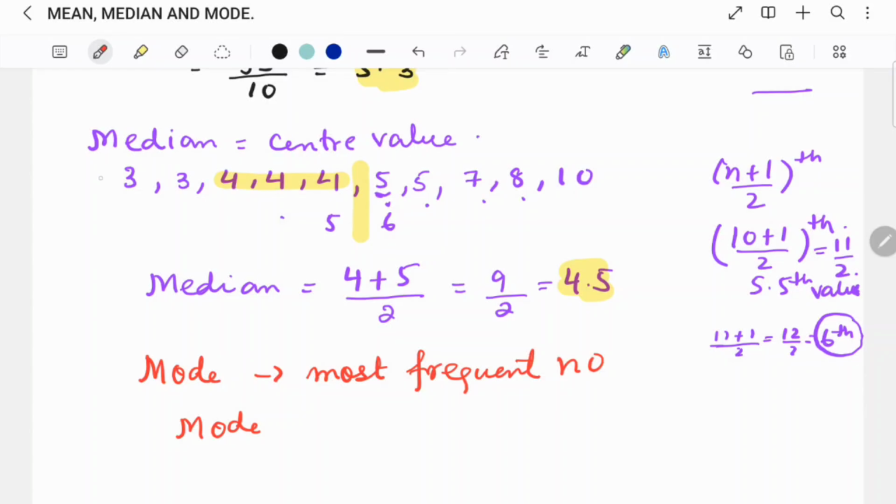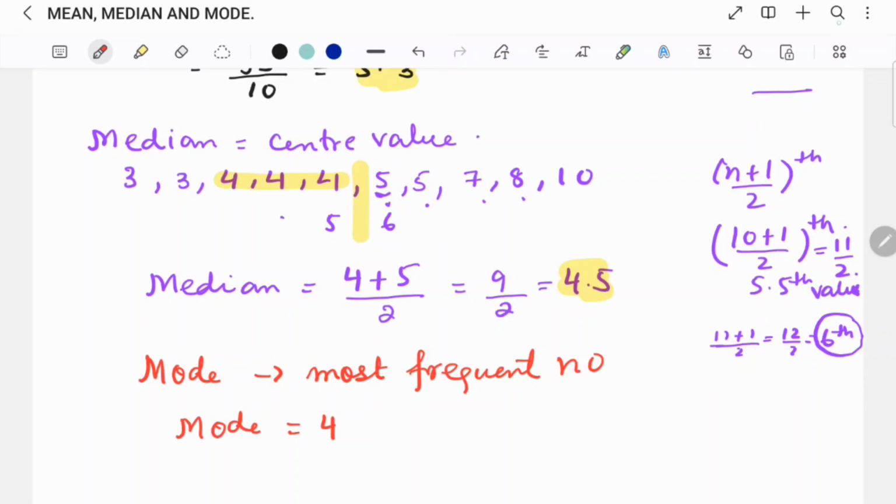For example, if 3 is also coming 3 times and 4 is also coming 3 times, you write down 3 and 4, they both are the mode. If no number is repeating, it means you don't have any mode, so you write down no mode. Okay, so the mode is 4, because there are more 4s than any other number in this data. All right.